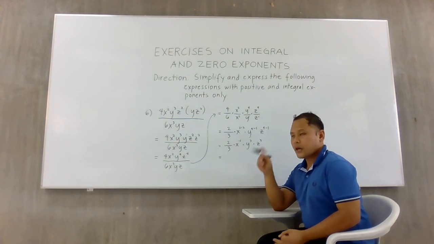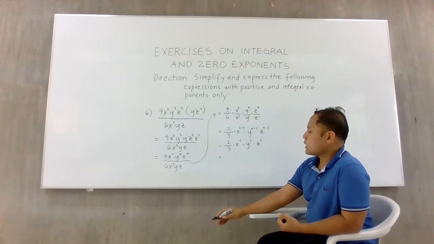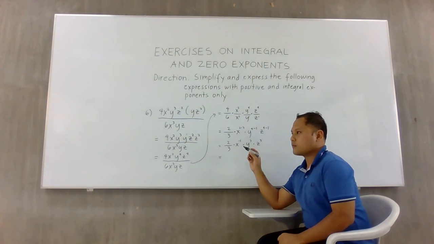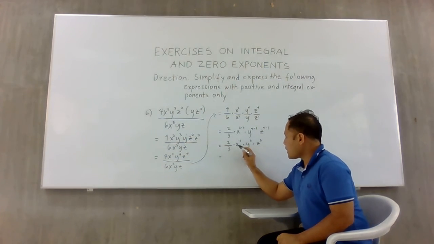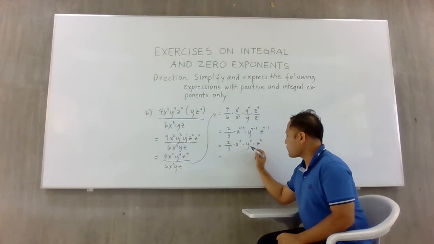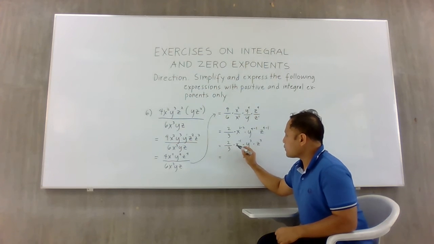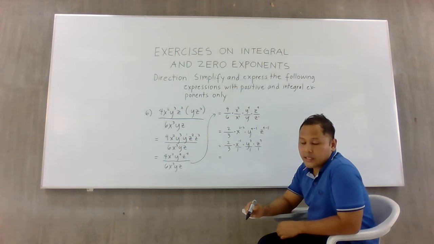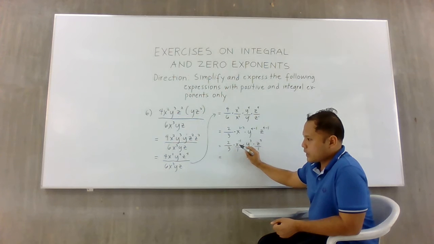Take note, friends, class, that whenever you have a single term that does not have an exponent, then it is understood to have 1 as exponent. But in this case, we have 3 single factors here. It happens that we have exponents other than 1. But they are also understood to have 1 as the denominator. And the problem is we have x here with a negative exponent.